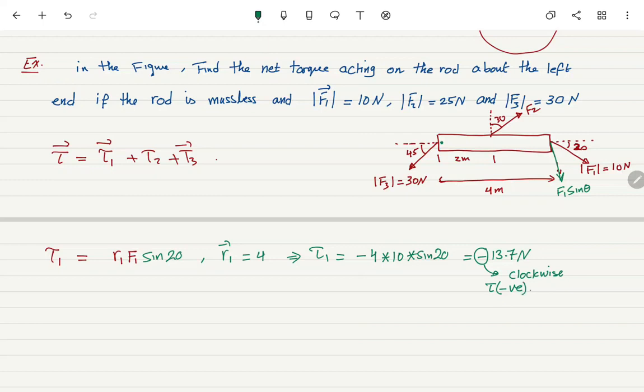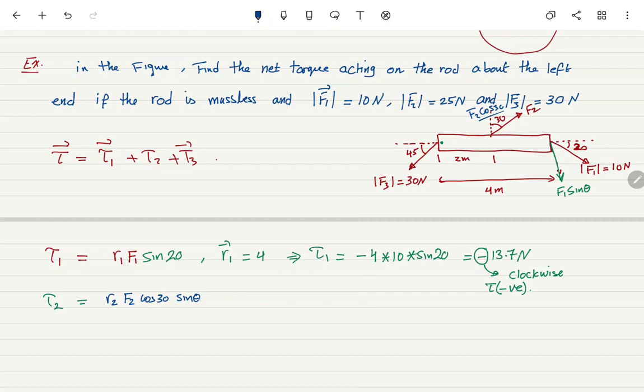Now let's move on and find torque 2. Same procedure here, and remember only the perpendicular force exerts a torque, which means F2 cosine theta. In this case, torque 2 is equal to R2 F2 cosine theta, where the arm R2 is 2. We should have sine theta, and theta here is equal to 90.